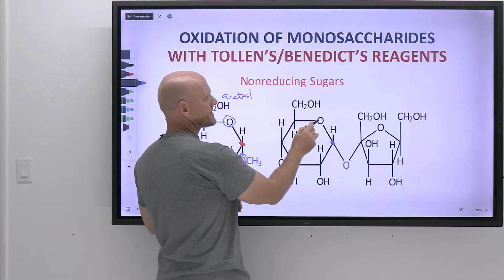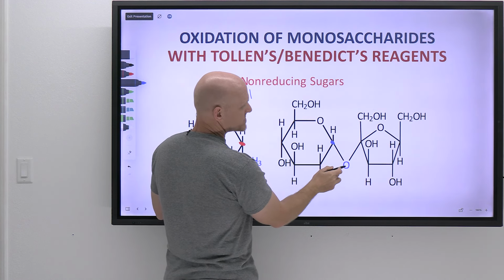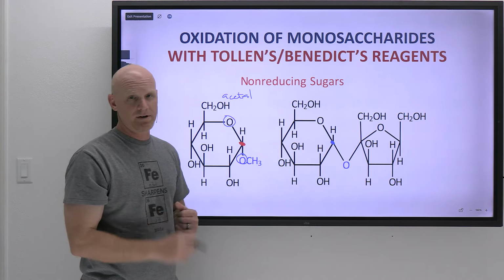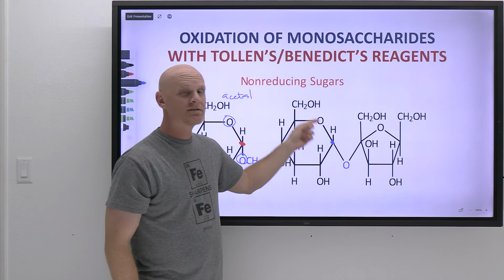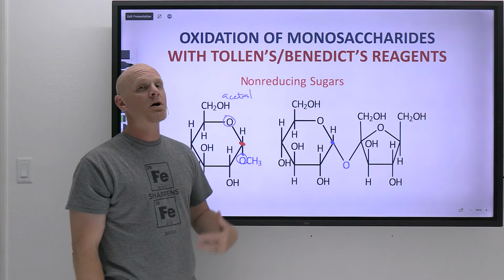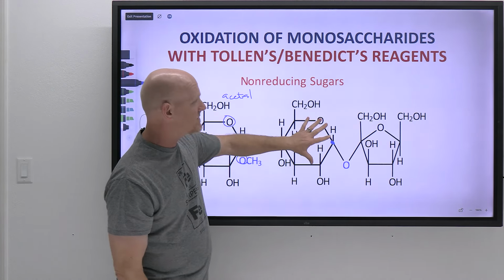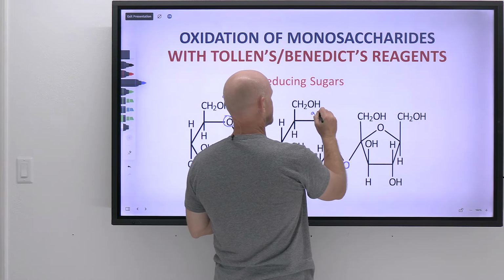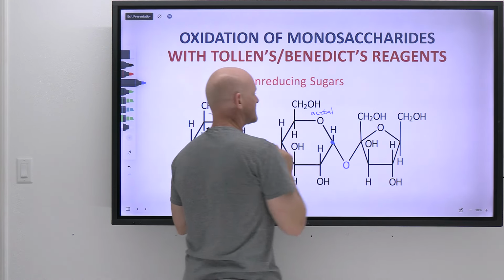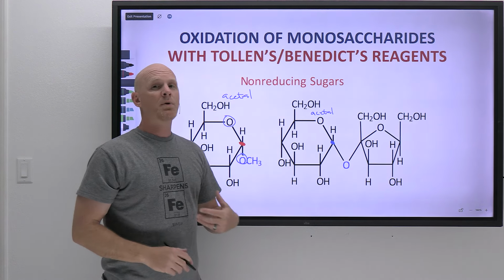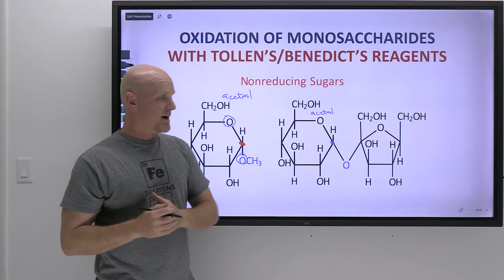In addition to being bonded to the oxygen in the ring, it's bonded to this oxygen right here. That's your anomeric carbon, and neither one of these oxygens is a hydroxy group. They're both oxygens bonded to additional carbon chains. That is an acetal. So from the perspective of the monosaccharide on the left, his anomeric carbon's part of an acetal, part of a glycoside in this case.